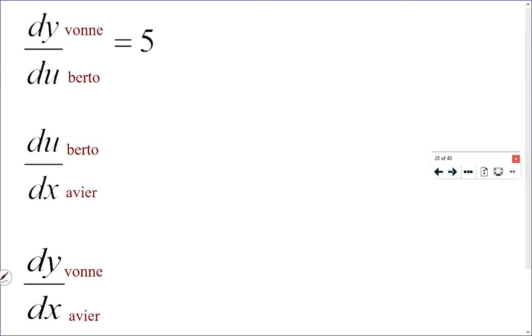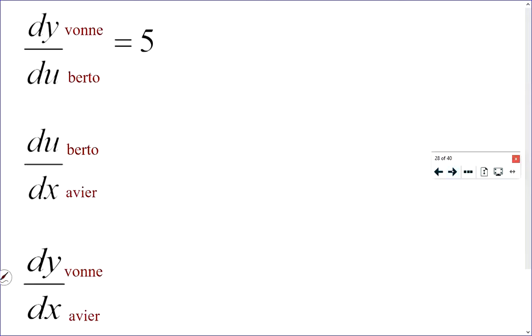So let's say that dy du is 5. What does this mean? Well, let's just say that means that Yvonne is running 5 times faster than Uberto, because that's what a rate of change means. It's how quickly y is changing with respect to x. So if dy du in this case is 5, y is changing 5 times more rapidly than u is. You with me?